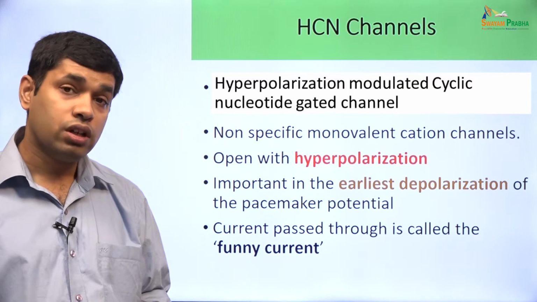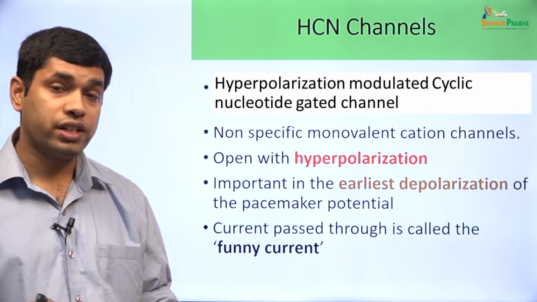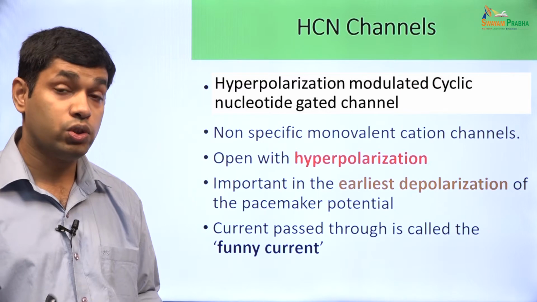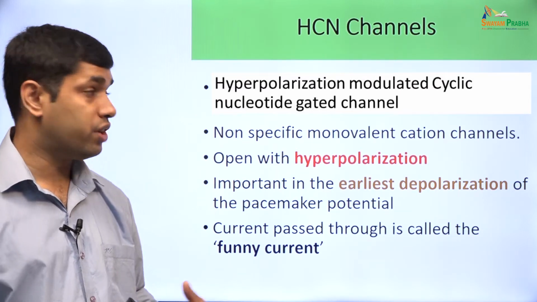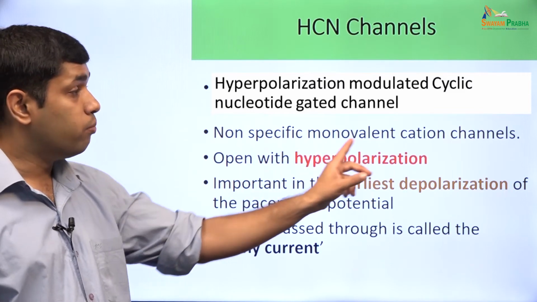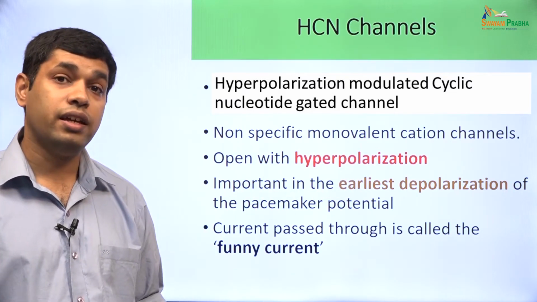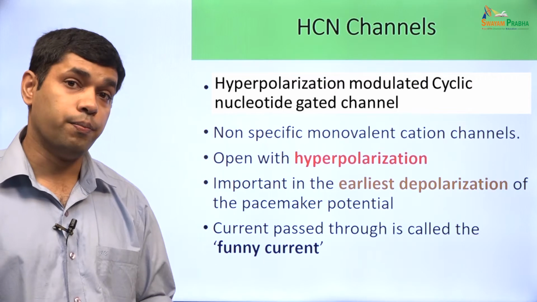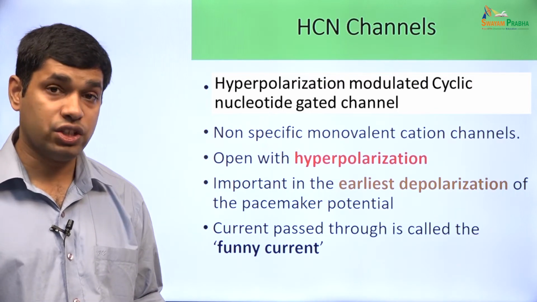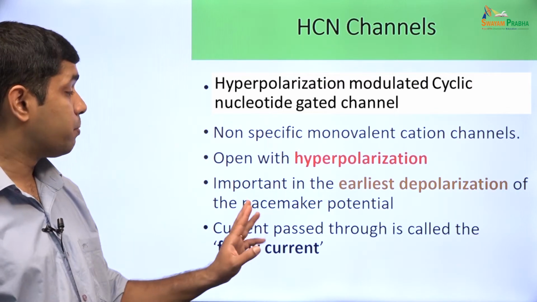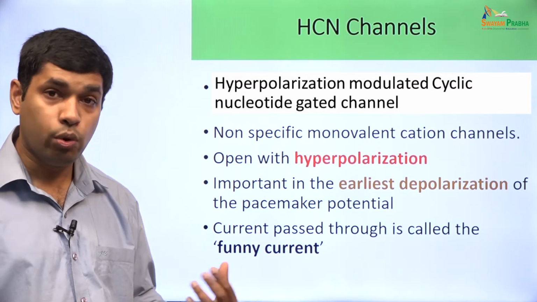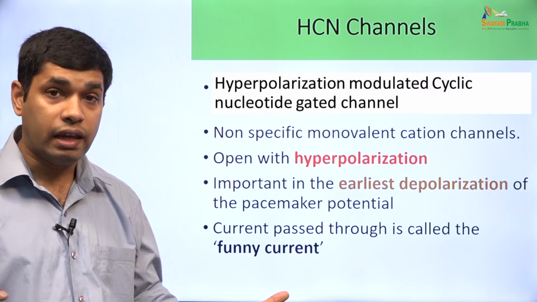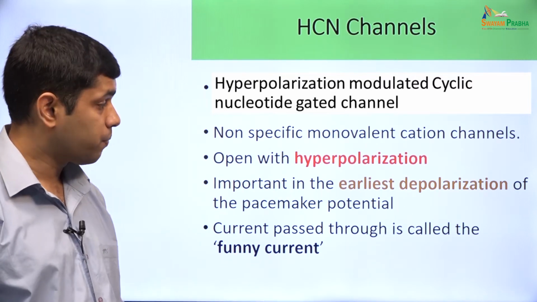We've talked about voltage gated potassium channels and voltage gated sodium channels, which open with depolarization, but this is a channel that opens with hyperpolarization. They are non-specific monovalent cation channels. They could permit sodium or potassium, but it's primarily sodium that passes through, and because this current appears with hyperpolarization, it was deemed funny, and therefore the name funny current.